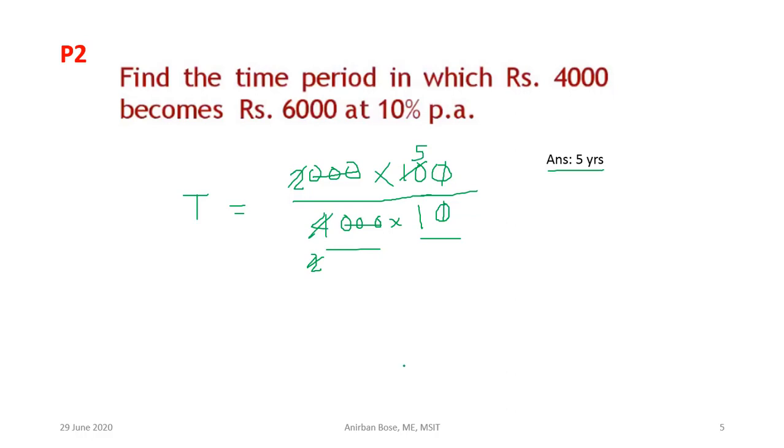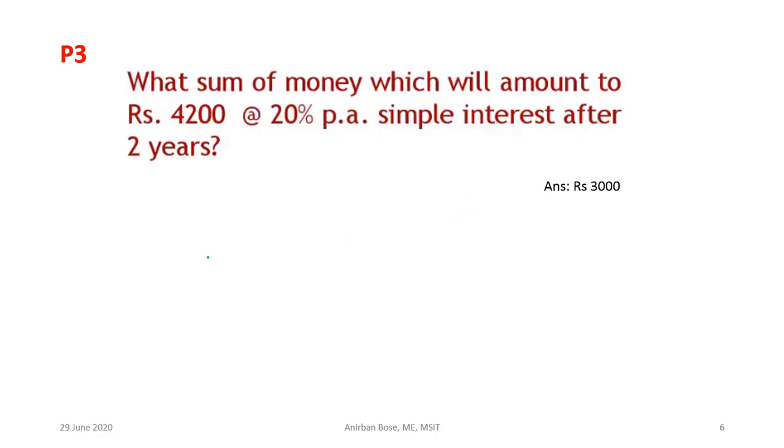Now coming to this problem. What sum of money will amount to rupees 4,200 at 20% per annum simple interest after 2 years? Here the amount is known to you. So how can you find the principal from the amount? P is equal to A into 100 divided by 100 plus RT.